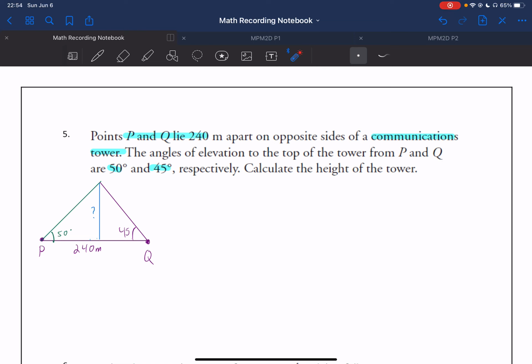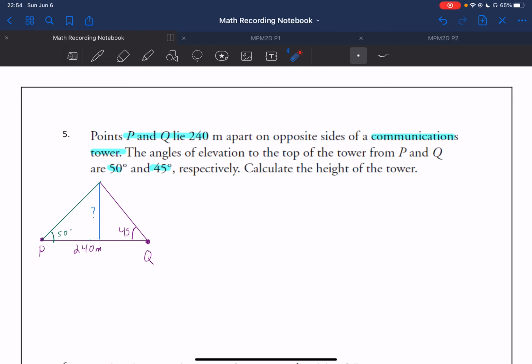So conceptually right now, we don't have enough information to create a notion really of any way to figure out the tower. But there are ways to do it.